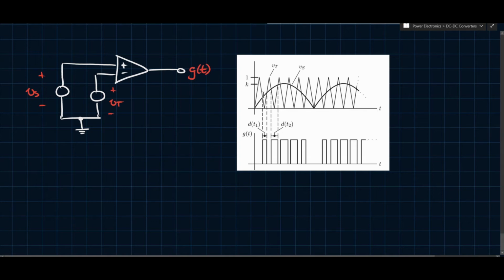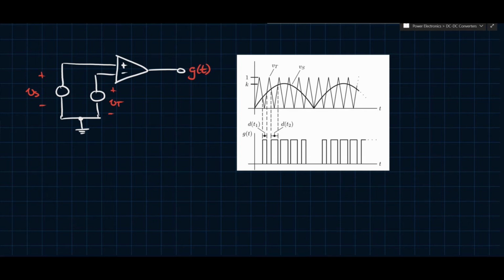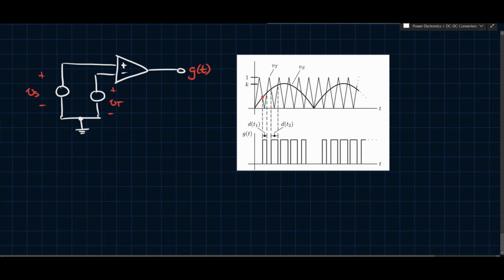So we see that there are these intersections here, there's one here, here, and so these are the switching instances that we expect. And whenever the VS waveform is larger than the triangle, then we see that the pulse goes high, right?